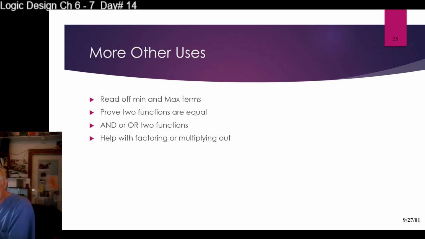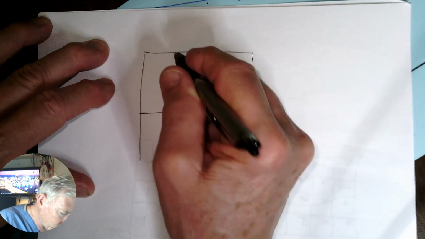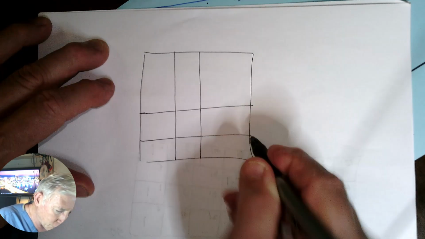I'm just going to make one up, or maybe I should do one from the test. Let me go back to the paper. I'm going to do a K-map, and then come up with an arbitrary function, and we're going to convert it.